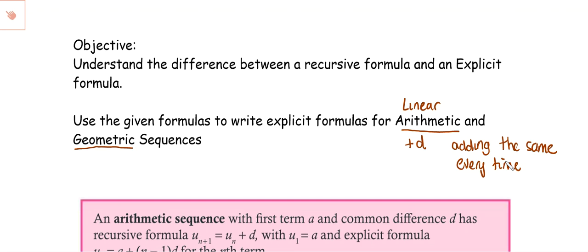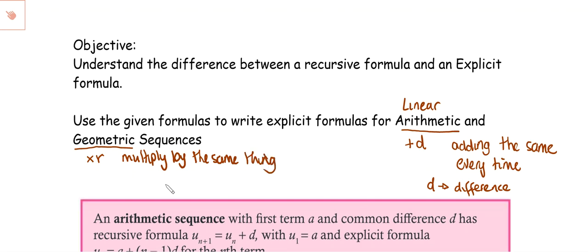But an arithmetic or linear sequence is adding the same every time. A geometric one is timesing by something every time. And we don't use a d, because d stands for difference. We multiply by r, which means we multiply by the same thing each time. And r stands for, any ideas?